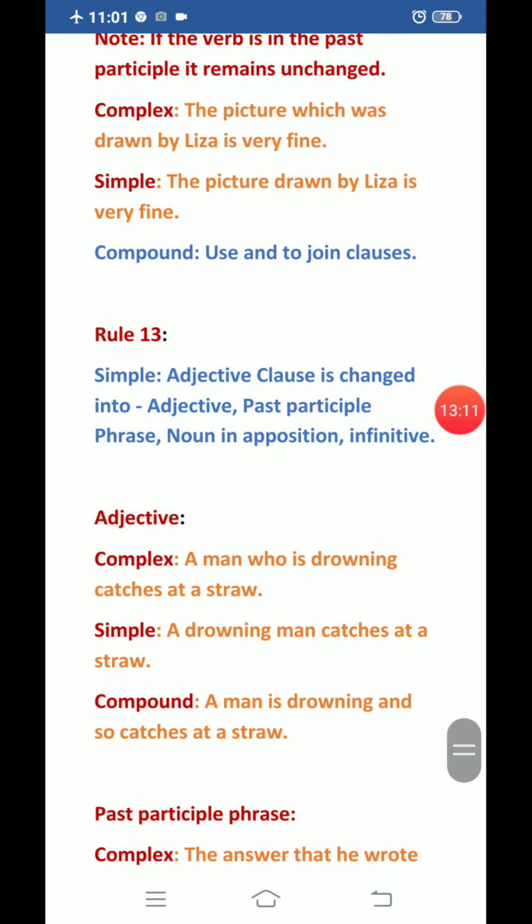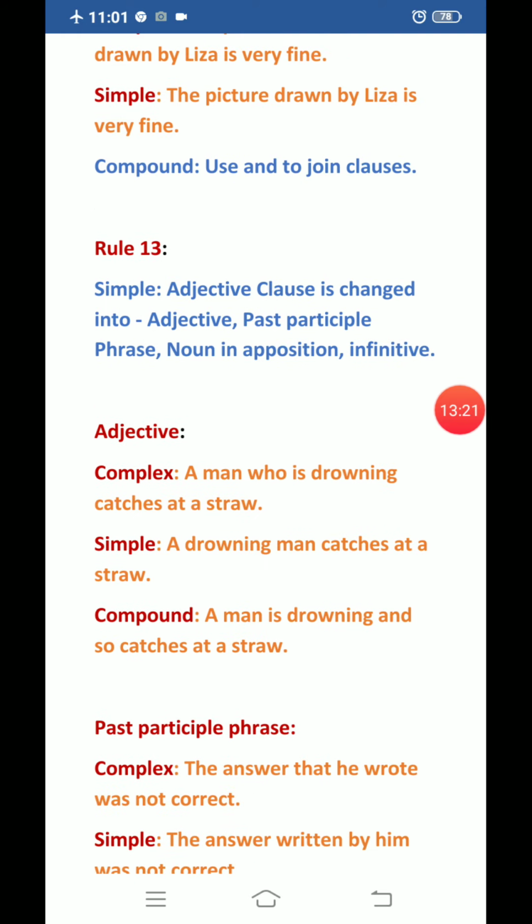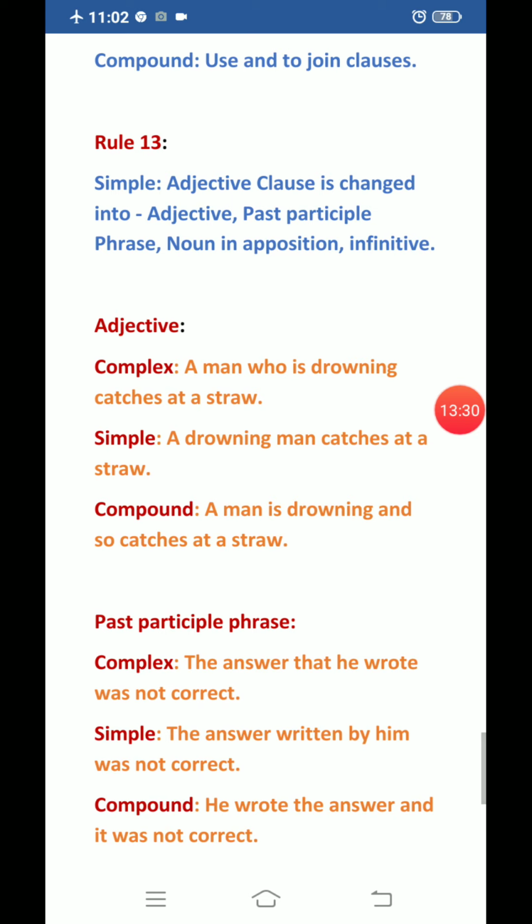Rule number 13, from complex to simple sentence. An adjective clause is changed into an adjective, past participle phrase, noun in apposition, or infinitive. Examples, adjective: complex sentence: The man who is drowning catches at a straw.